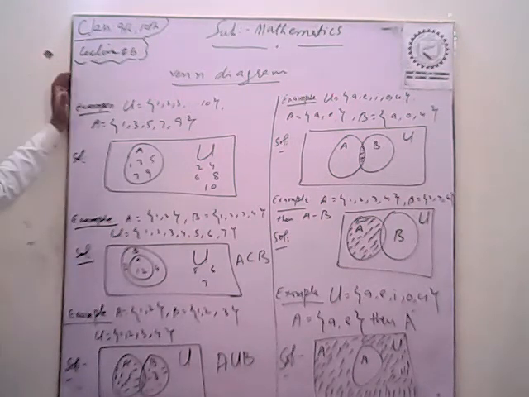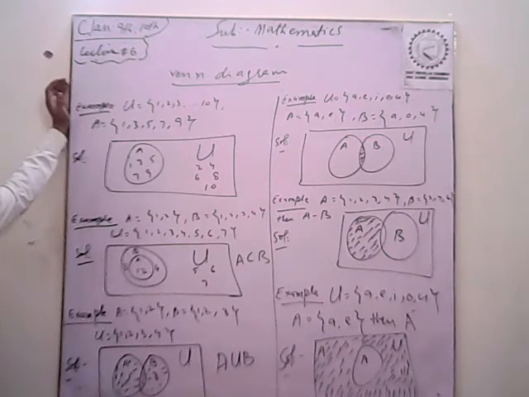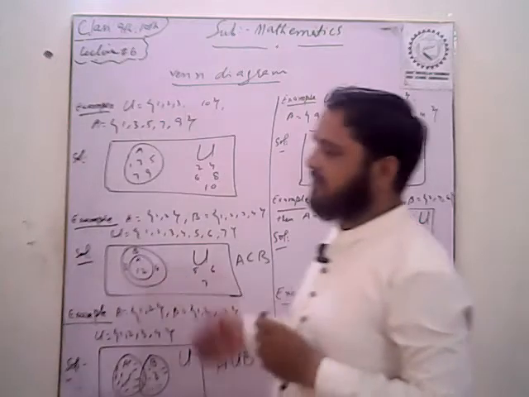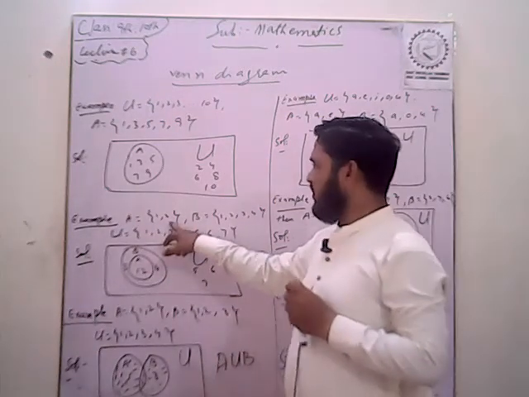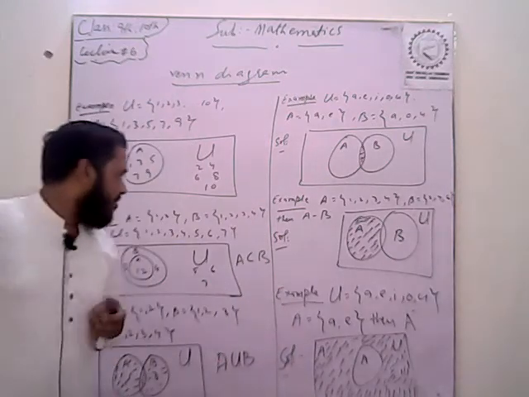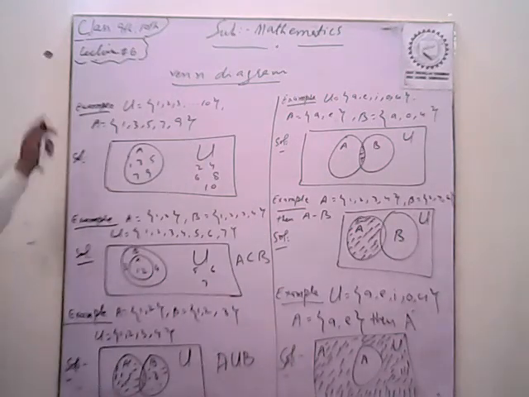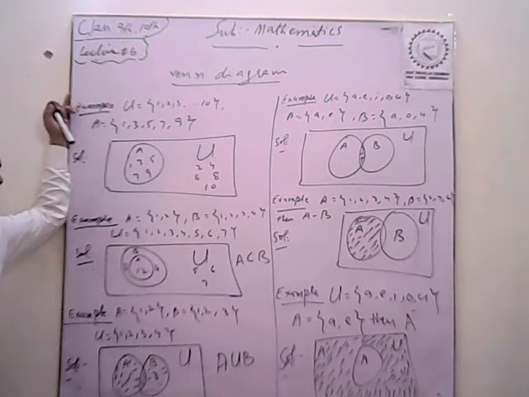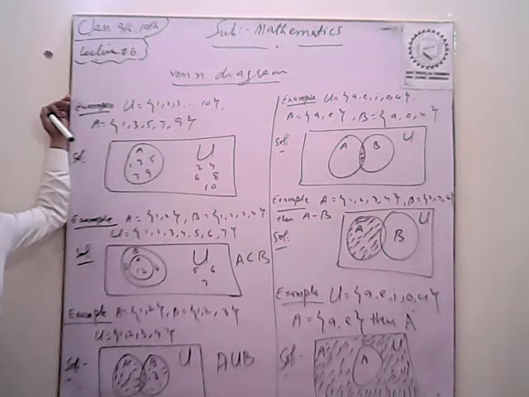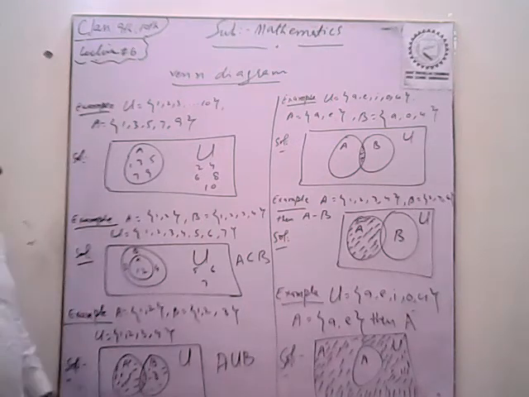Here is another example of representing subsets in a Venn diagram. A is equal to 1, 2, B is equal to 1, 2, 3, 4, and the universal set is 1, 2, 3, 4, 5, 6, 7. We draw a rectangular shape with two circles, A and B. The universal set means all elements are included in these figures.